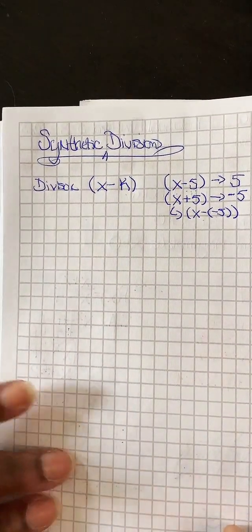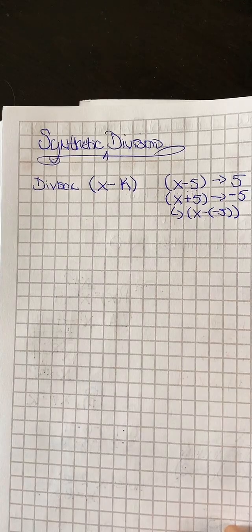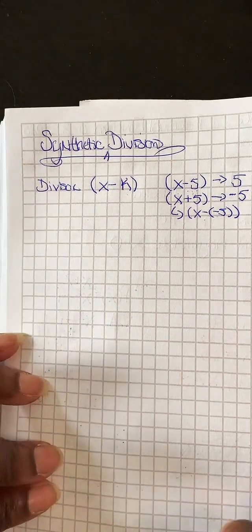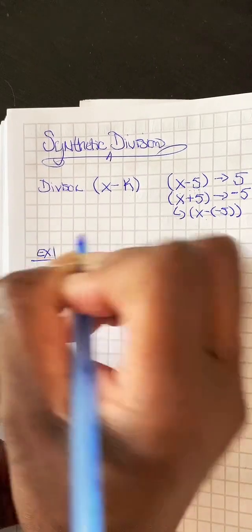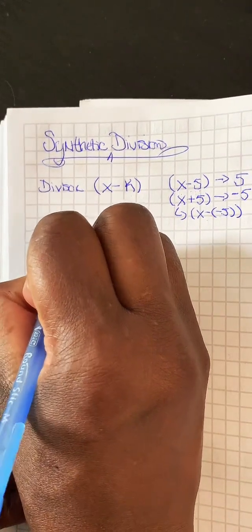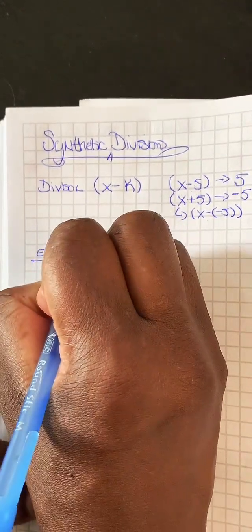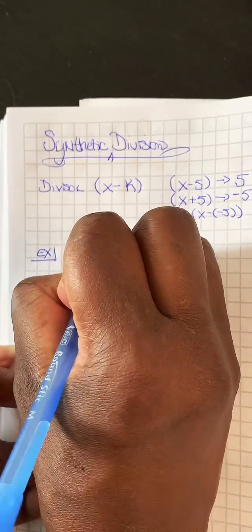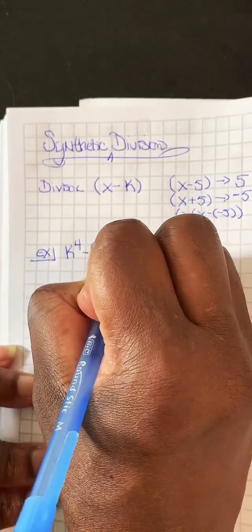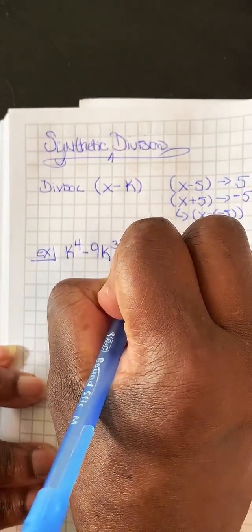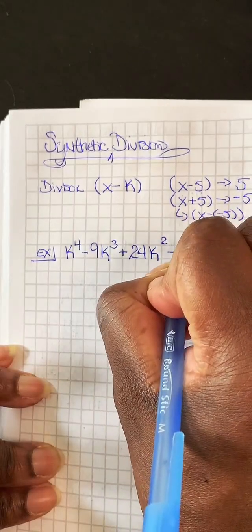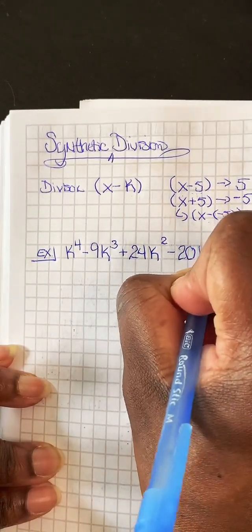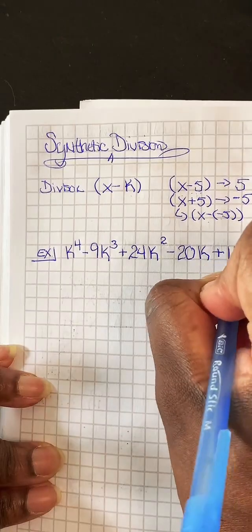So let's say I'm using, let me see if I can get something with all my degrees. Let's say that we want to divide k to the 4th minus 9k to the 3rd plus 24k squared minus 20k plus 11.